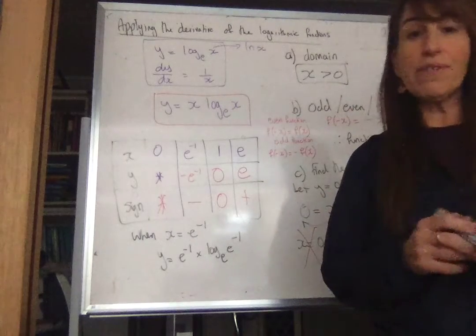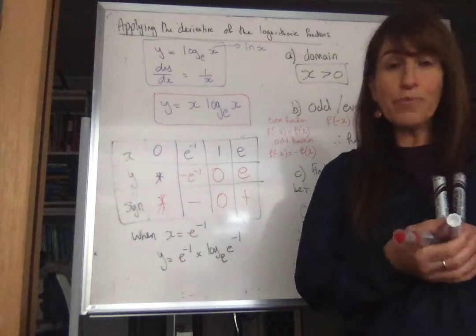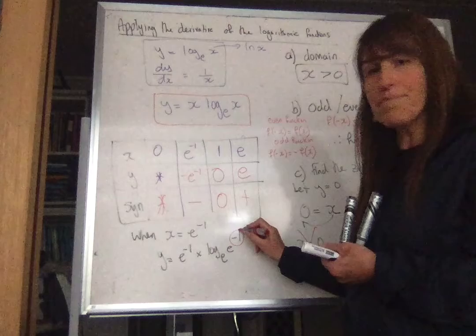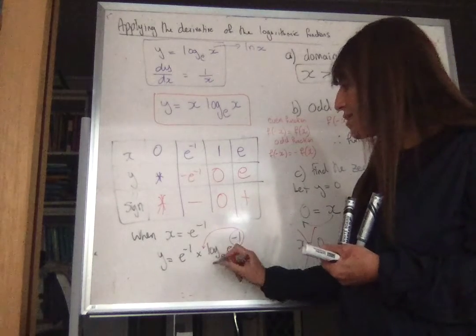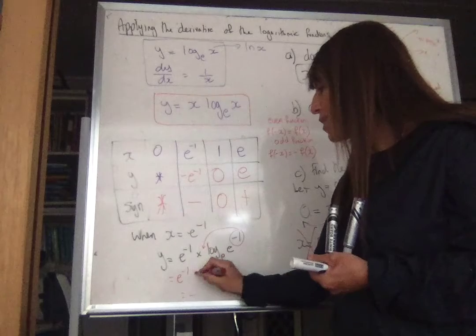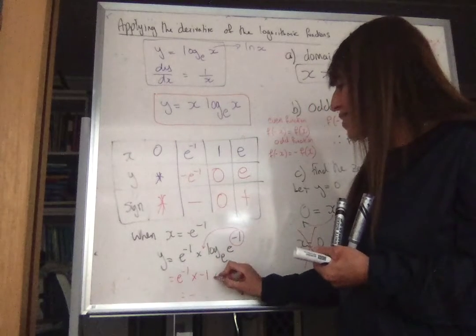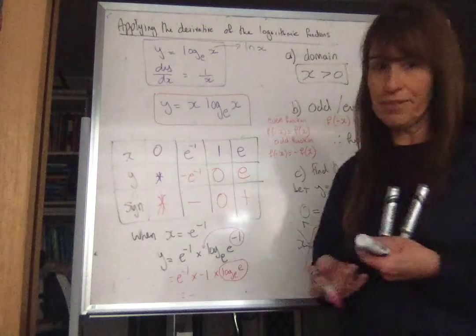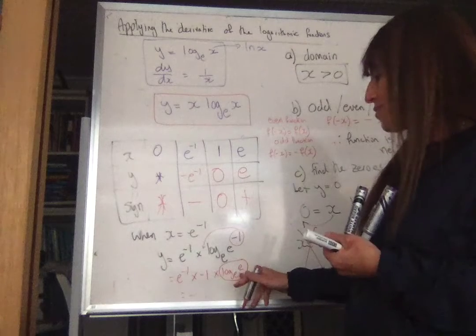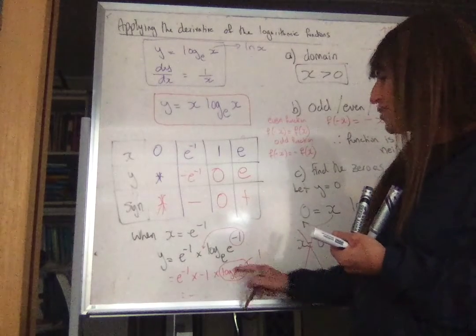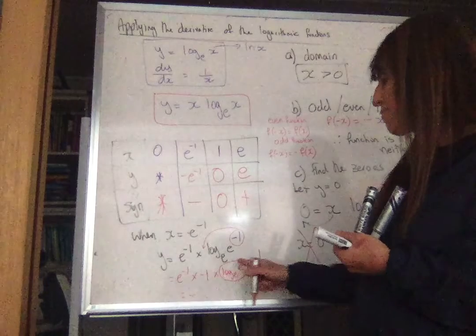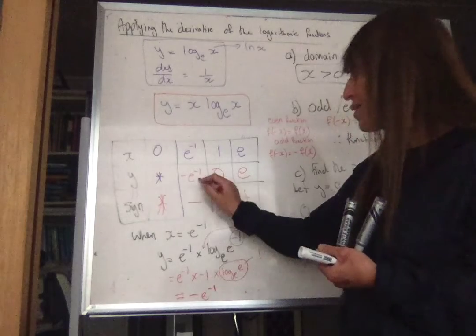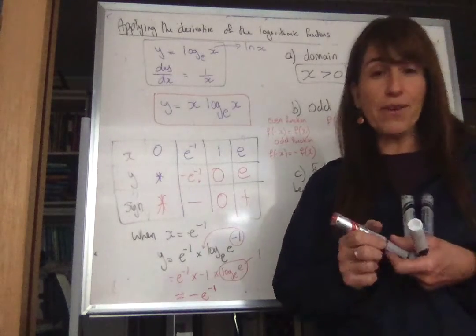Remember this very important rule from the log laws: this -1, I can bring to the front. So this becomes e to the -1 times -1 times log base e of e, and remember another log law, that equals 1. So I end up with e to the power of -1 times -1 times 1, which gives me negative e to the power of -1.